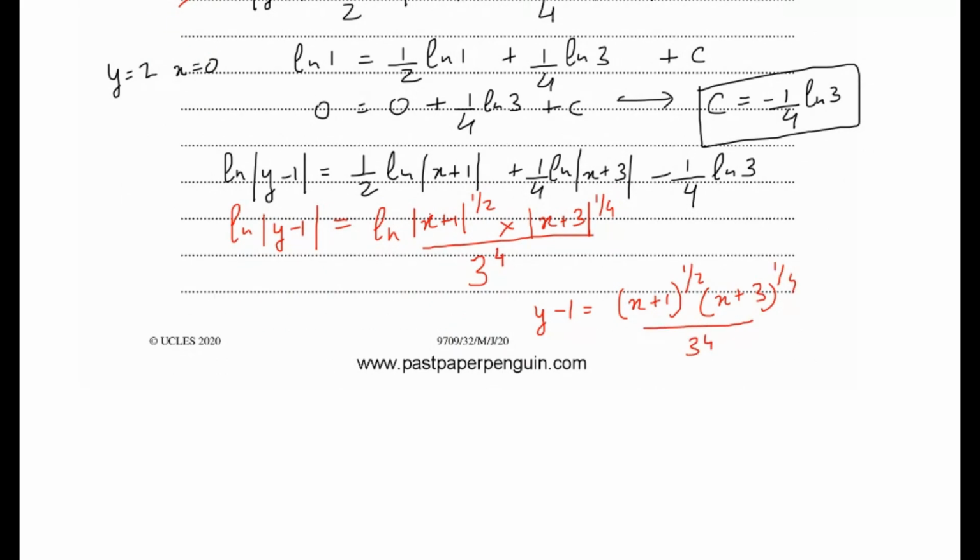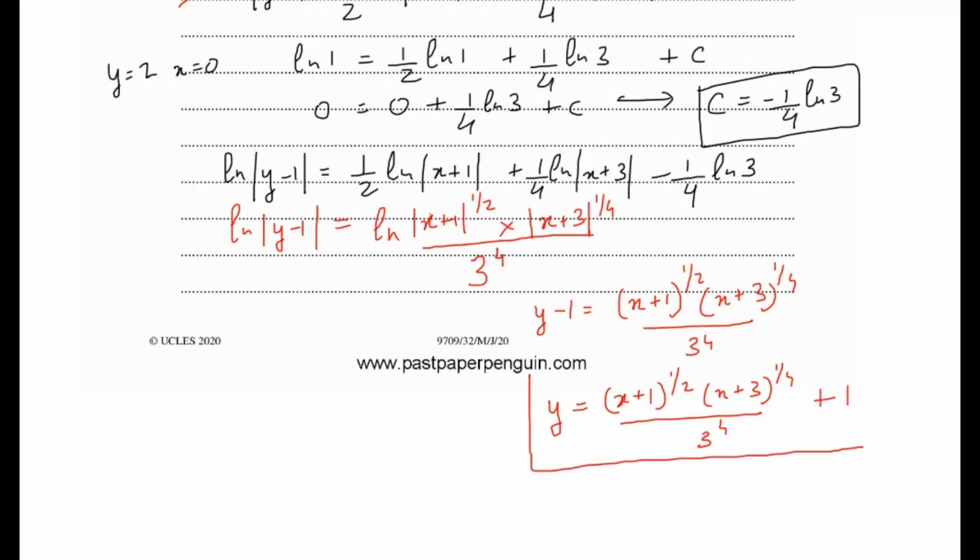And simplifying that further, making y the subject, we have x plus 1 to the power of half, x plus 3 to the power of 1/4 by 3 to the power of 1/4, plus 1. And that's the answer they're looking for.